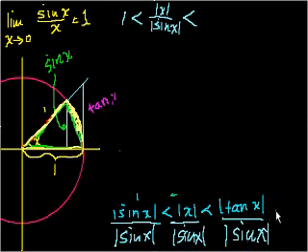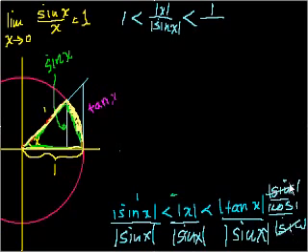So that's equal to sine over cosine divided by sine. And you could say that this is the same thing as the absolute value of the absolute value divided by the absolute value. So what are you left with? Well, you're just left with 1 over, this cancels out with this, that becomes a 1 over the absolute value of the cosine of x.